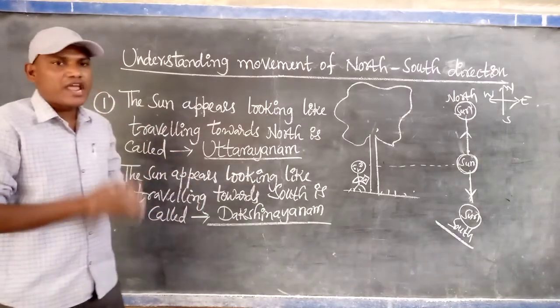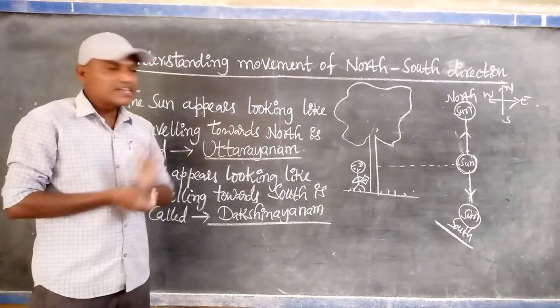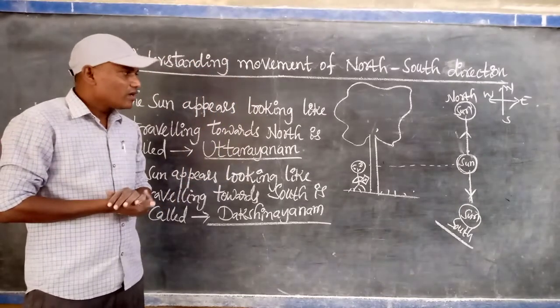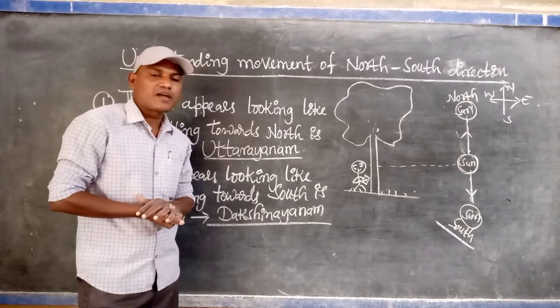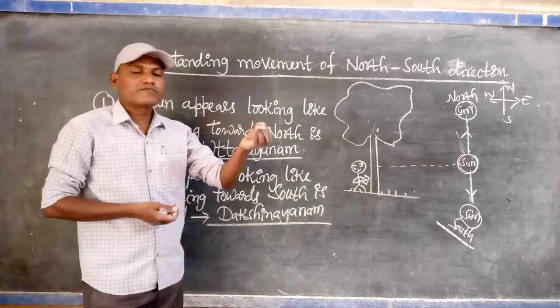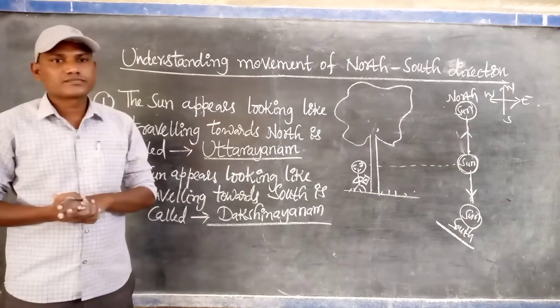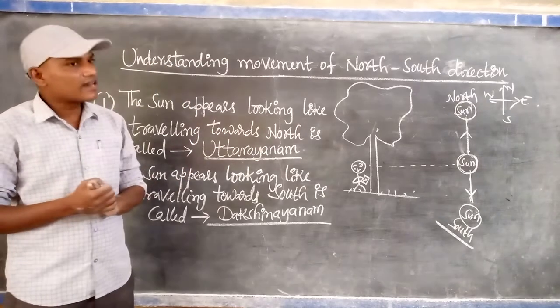For this, what can you do? First of all, you can select a reference point, either a tree or an electrical pole. With the help of the weather app on our mobile phone, we can find the sunrise time.